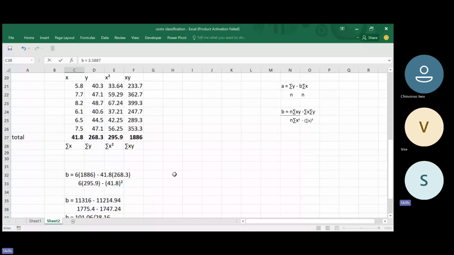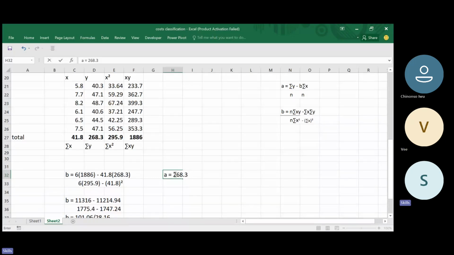The formula for the value of A says A is equal to summation Y. What is the value of summation Y from what we determined? Summation Y is 268.3.